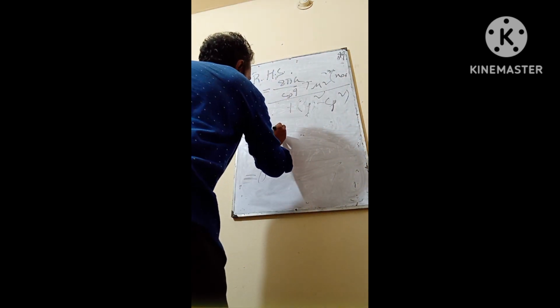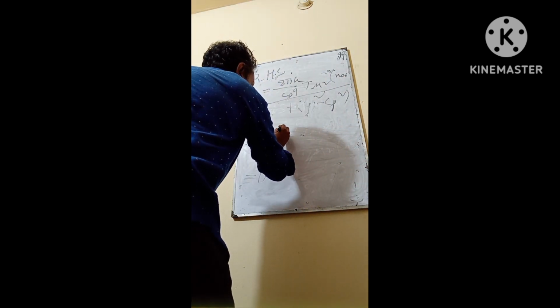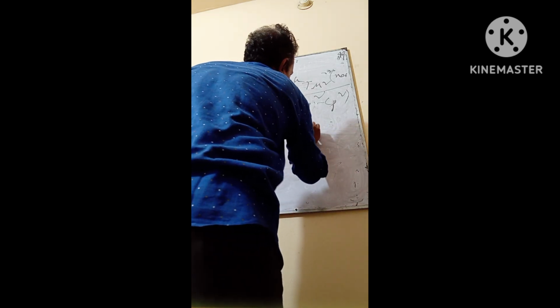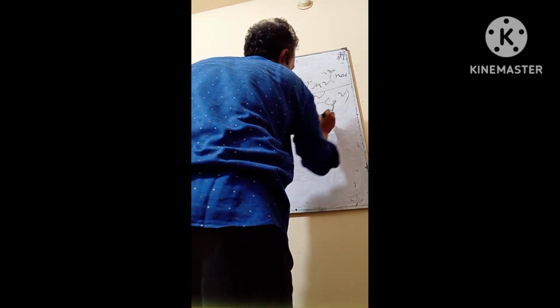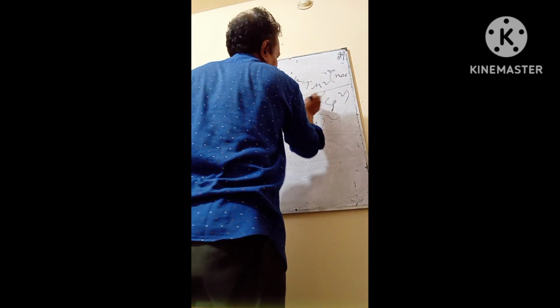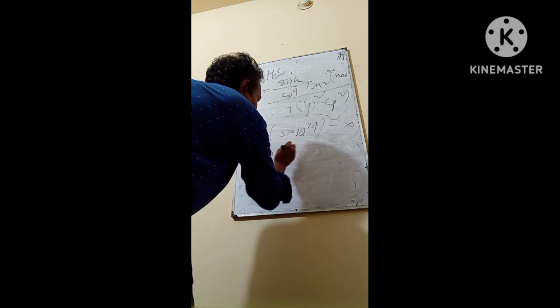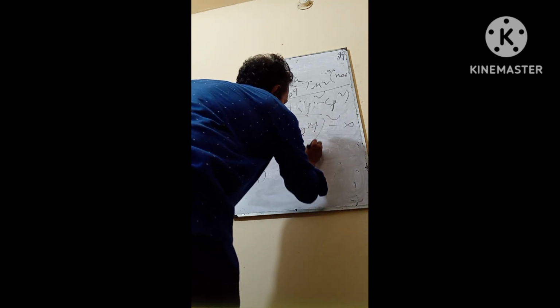This value is negligible, and Cg is equal to 3 into 10 to the plus 34, square Cg, and Cp is negligible. So that value is 9 into 10 to the 48.